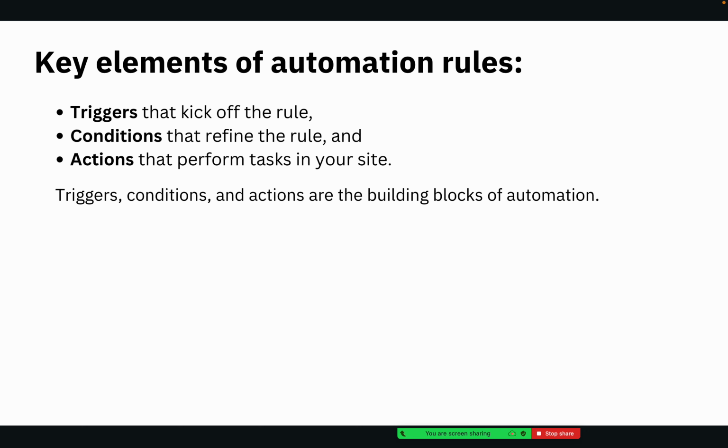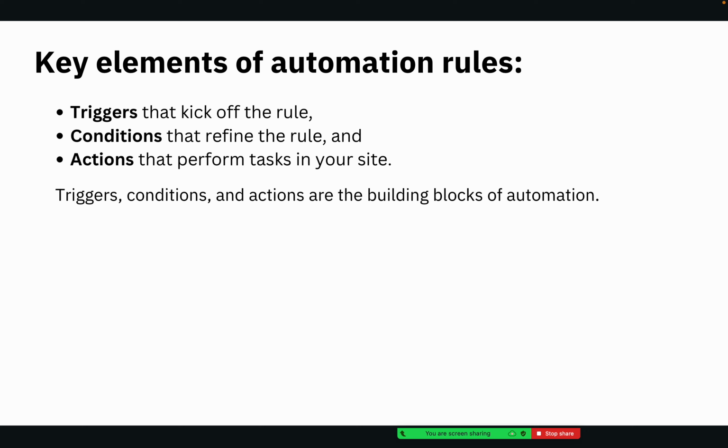So basically there are three key elements in automations. One is the trigger. Trigger means kick off the rule, what activity is going to happen. Is there any condition? It's optional. Maybe a condition will be there or not, but something is going to happen, and then on that I need some action.